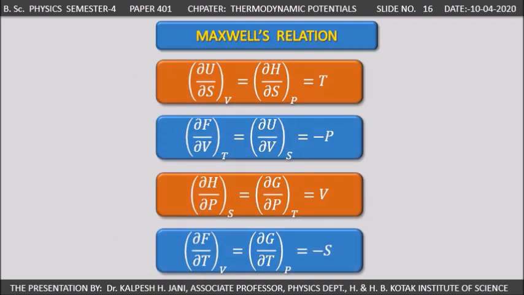Okay, so in this final slide, we can see that temperature can be seen as the derivative of internal energy with respect to entropy at a constant volume, and also as the derivative of enthalpy with respect to entropy at constant pressure. So each of these thermodynamic entities can be shown as the derivative of the thermodynamic potentials. So these are all the outcomes which are very useful in many calculations, in many situations.